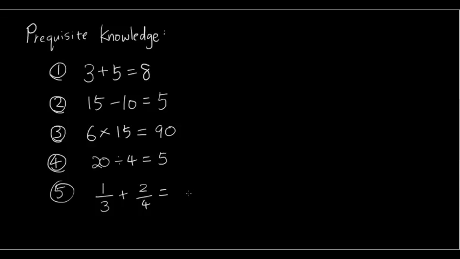And 1 over 3 plus 2 over 4. So you have to make sure that the denominators are the same. So this becomes 3 by 4, and 1 by 4 on the top, plus 2 by 3 and 4 by 3 on the bottom.